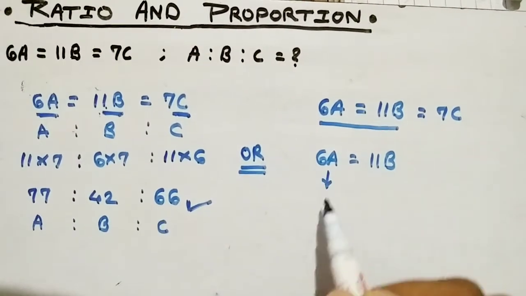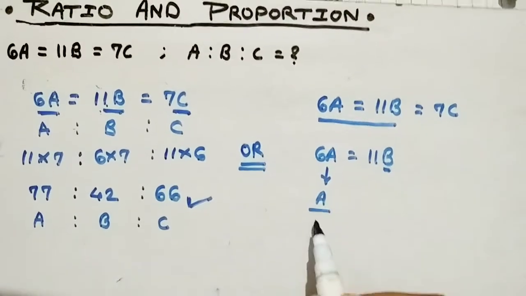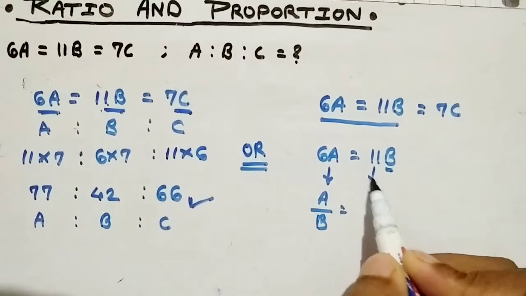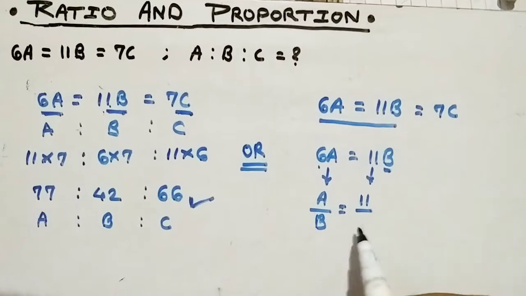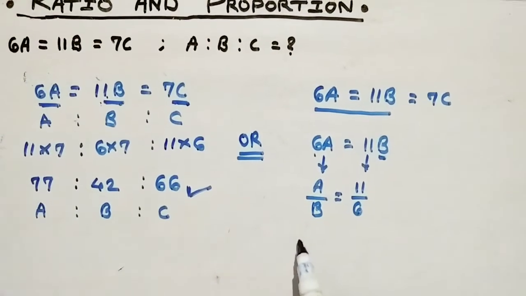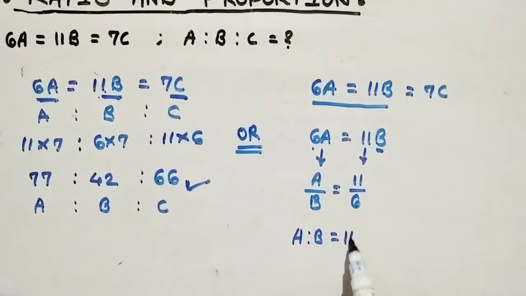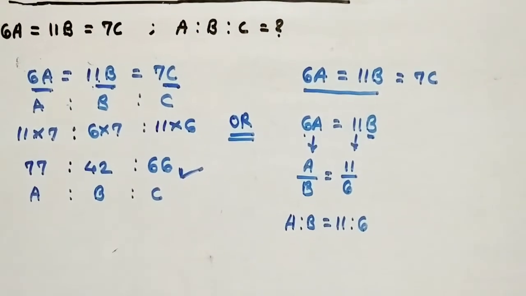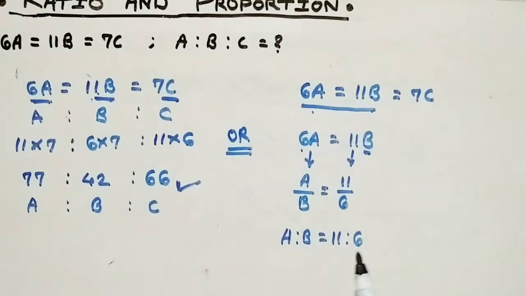Then a as it is, b moves to the left side, that is a divided by b, and here 11 as it is and 6 moves to the right side as the denominator. So a is to b is equal to 11 is to 6. Clear?